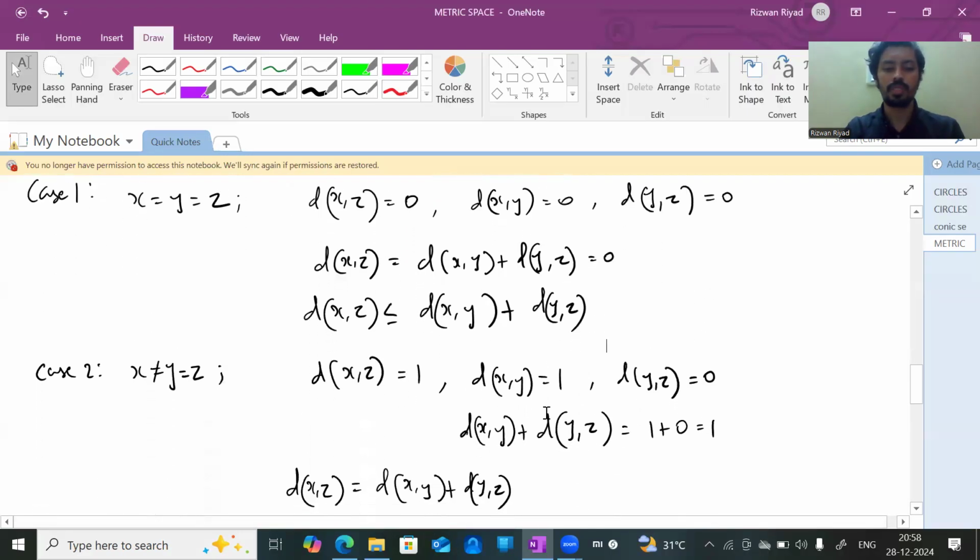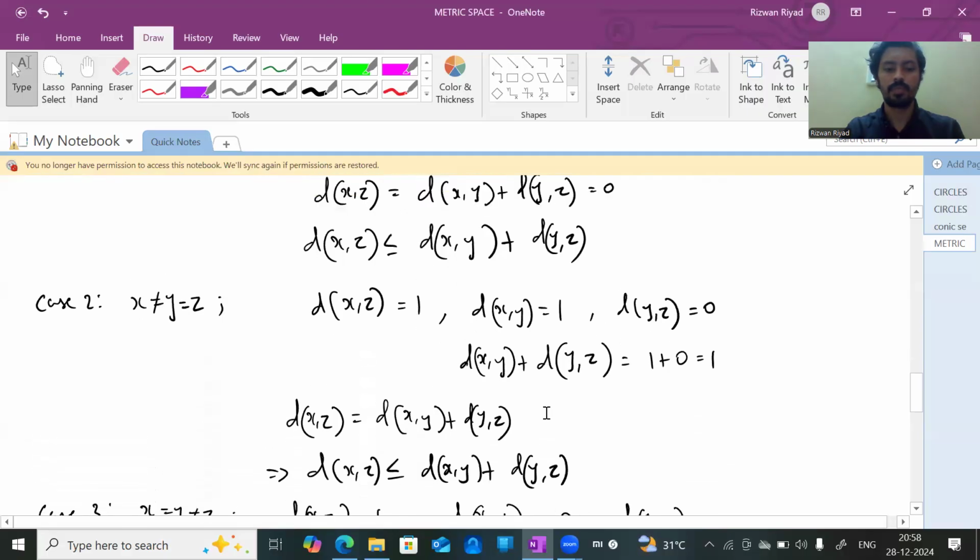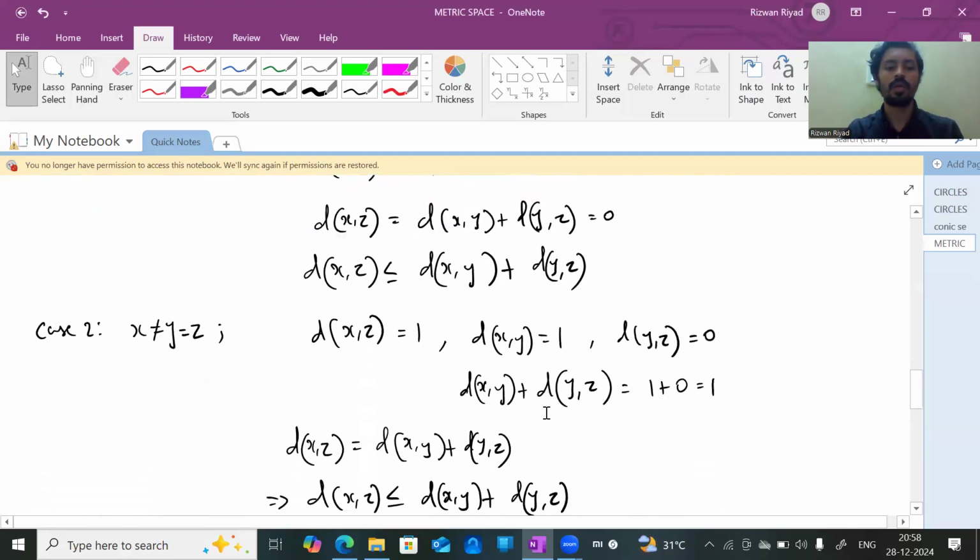This is case 2. Case 2 means x not equal to y equal to z. So in this case, what is d of xz? d of xz will be equal to 1 because by definition x and z are different. y and z are equal and x is different from y, so x is different from z also.